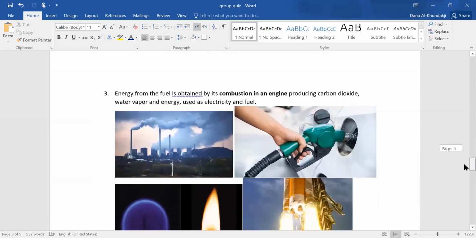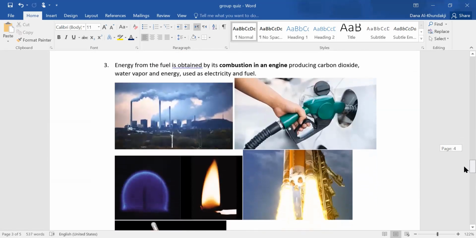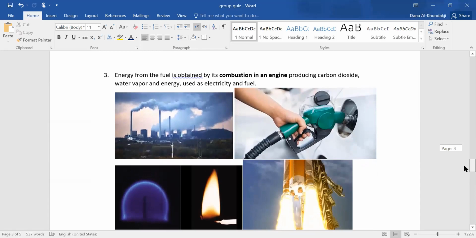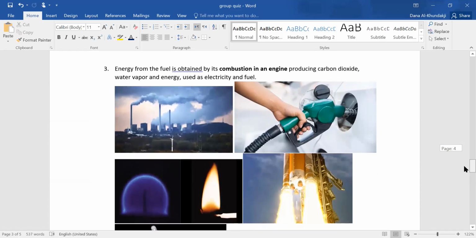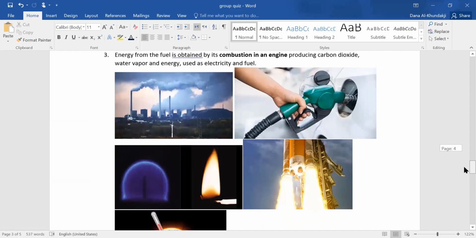The next thing is the energy production from the fuel. It occurs by combustion in an engine, in a process called combustion, producing carbon dioxide and water vapor, which is used as electricity and for fuel.